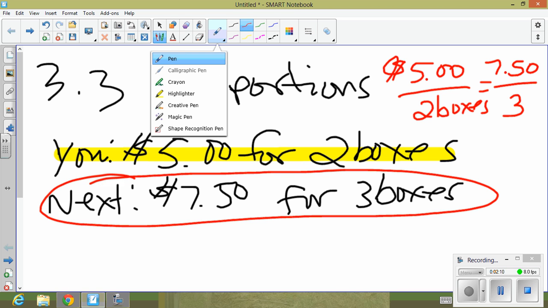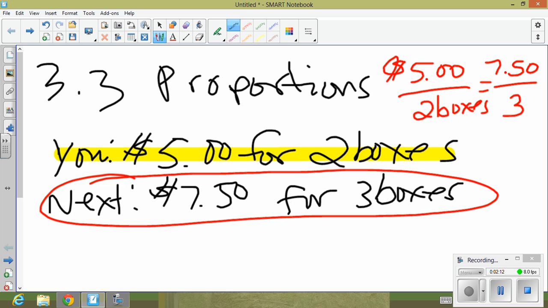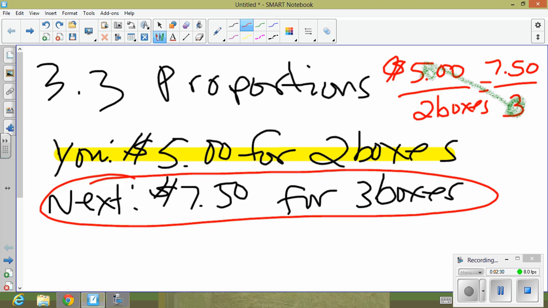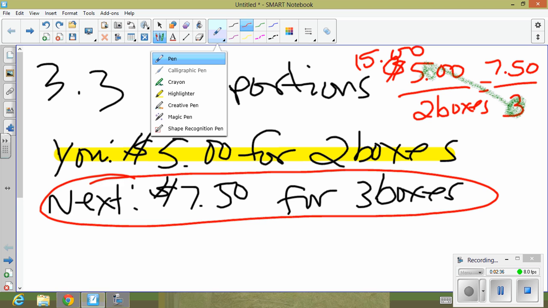The easiest way to do this, and maybe you've done this before, is what we do is take the cross product. Start with the denominator and multiply it to the numerator. So 3 times 5 is $15. And then you're going to take the opposite cross product.